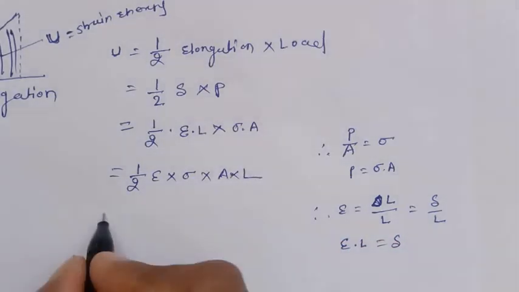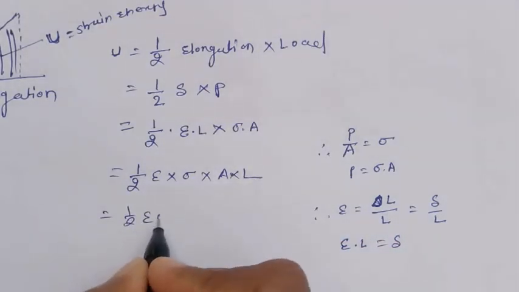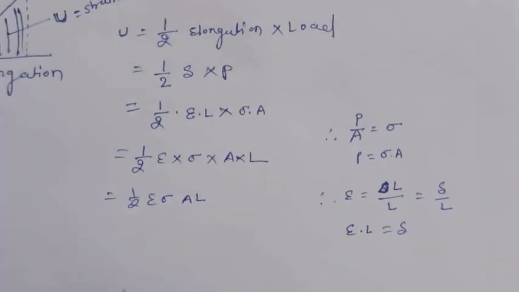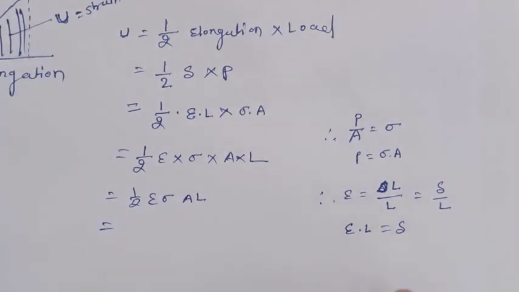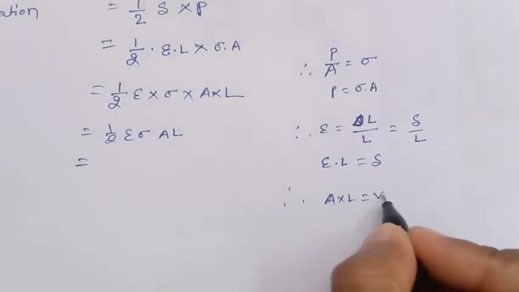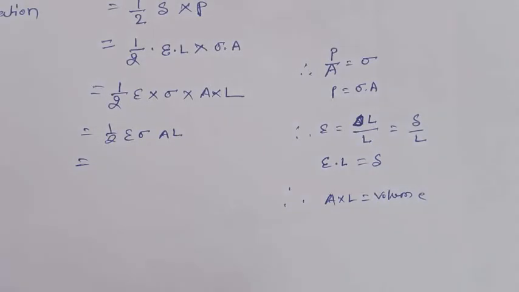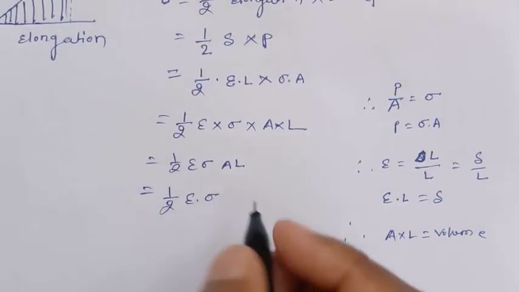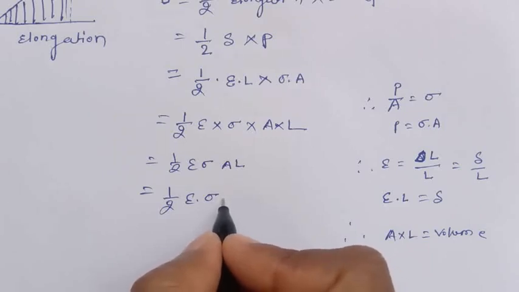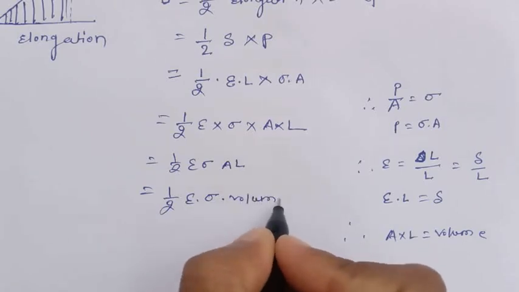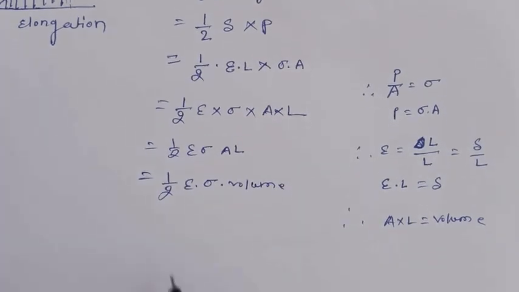Area into L is nothing but volume. So 1 by 2 epsilon sigma into volume, or A into L.